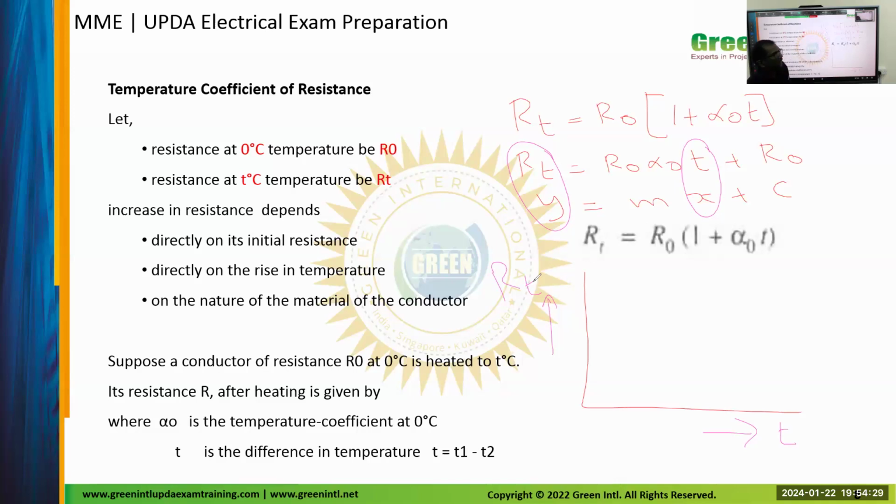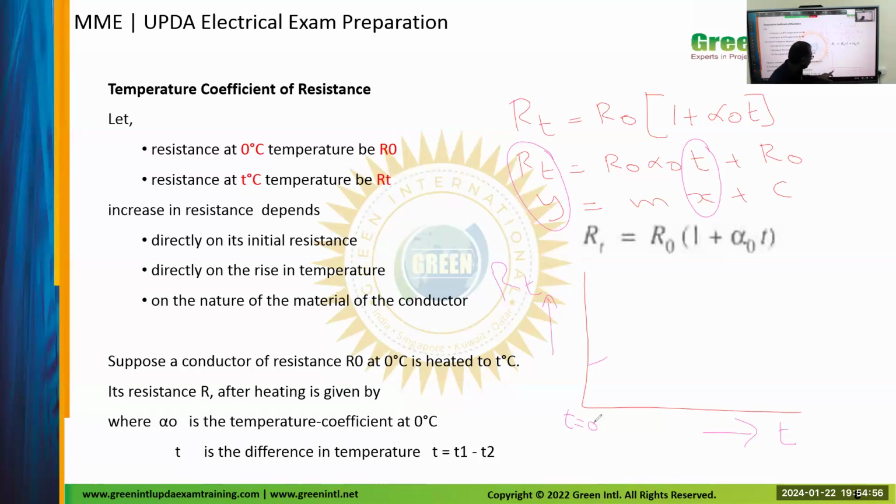So in this equation, x is equal to 0. What is the value? Y is equal to C. Or put T is equal to 0. What is the value? RT is equal to R naught. So at T is equal to 0 degrees, we have a finite number, so the graph is like this. R naught is equal to the resistance at 0 degrees Celsius.